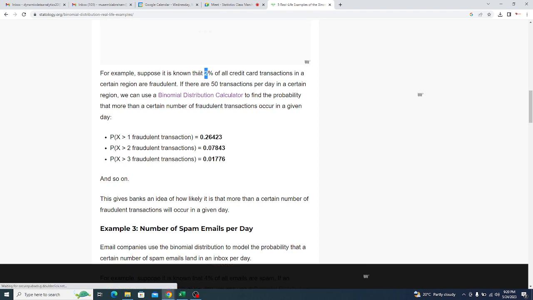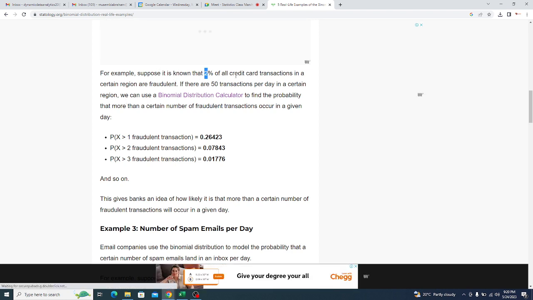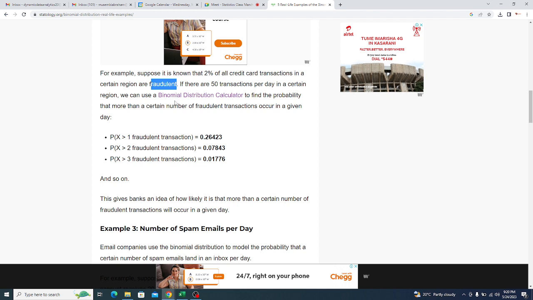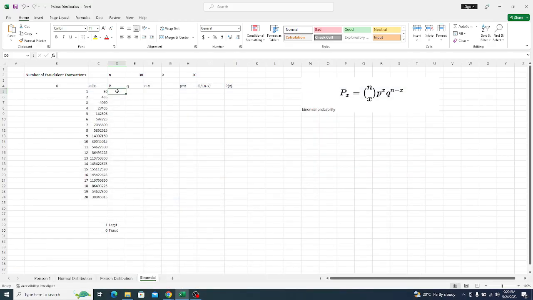So suppose it is known that 2% of all credit transactions in a region are fraudulent. Here we are checking if they are fraudulent. So now we are going to use the probability of success and the probability of failure, meaning we only have a very small probability when it comes to fraudulent activities.